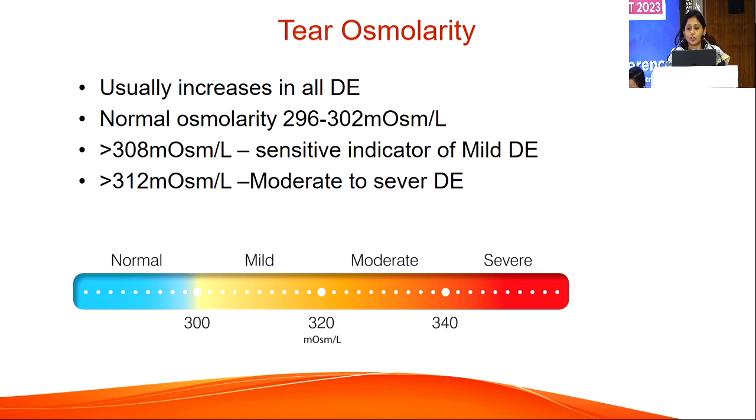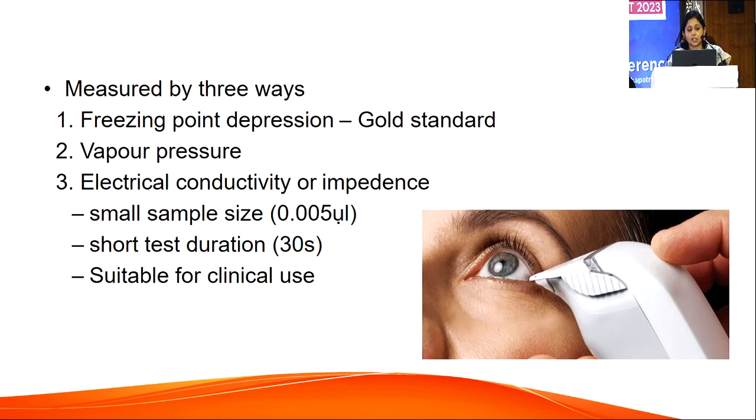So tear film osmolarity is increased in mostly all types of dry eye. Normal osmolarity is considered to be 296 to 302 milliosmoles per liter. In mild to moderate dry eye, it is approximately more than 308 milliosmoles per liter. Moderate to severe dry eye, more than 312 milliosmoles per liter.